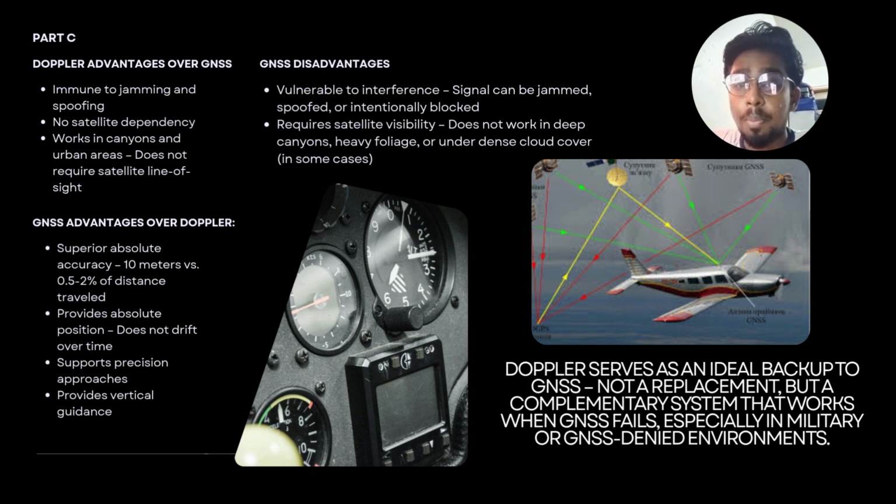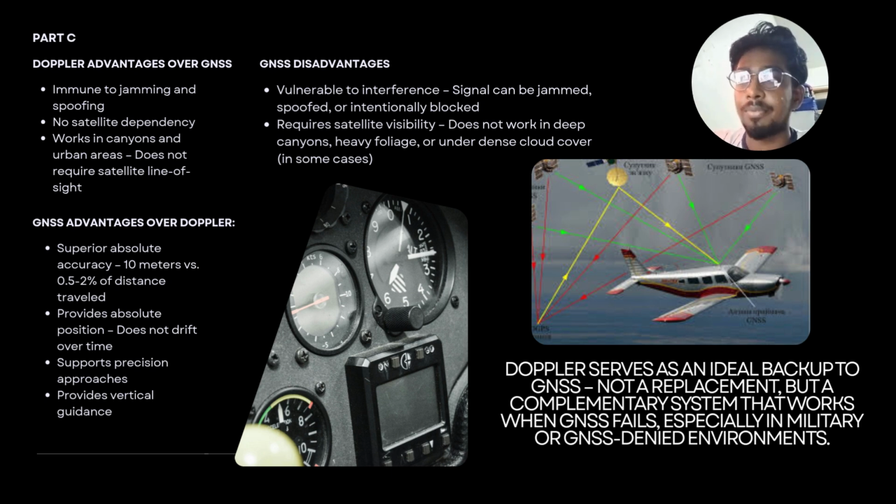The Doppler advantage over GNSS is that it is immune to jamming and spoofing, with no satellite dependency, while the GNSS advantage over Doppler is superior absolute accuracy. GNSS provides absolute position without drift over time, and it supports precision approaches. Meanwhile, Doppler cannot be used for approaches.